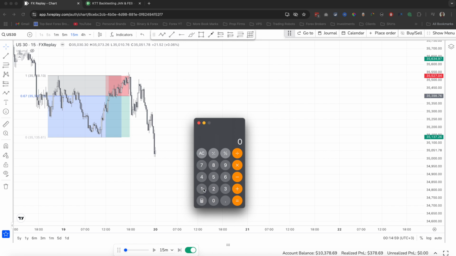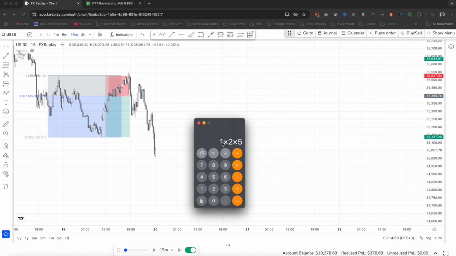1:2 means if you risk $1, you get $2 back. So this is $1 times 2, that is 1:2. Then times 5, because there are 10 trades, and let's take for example you lose 5 and you win 5.